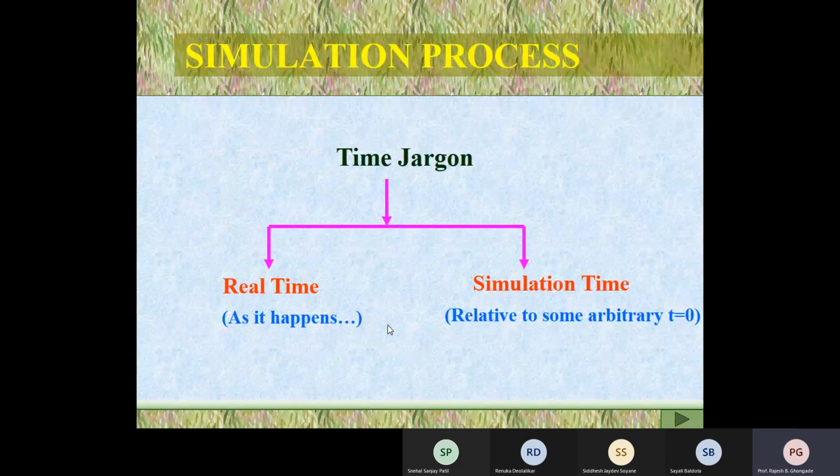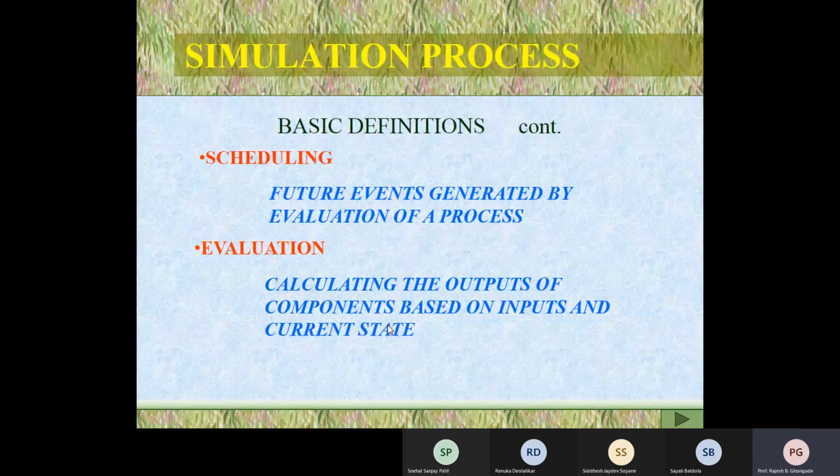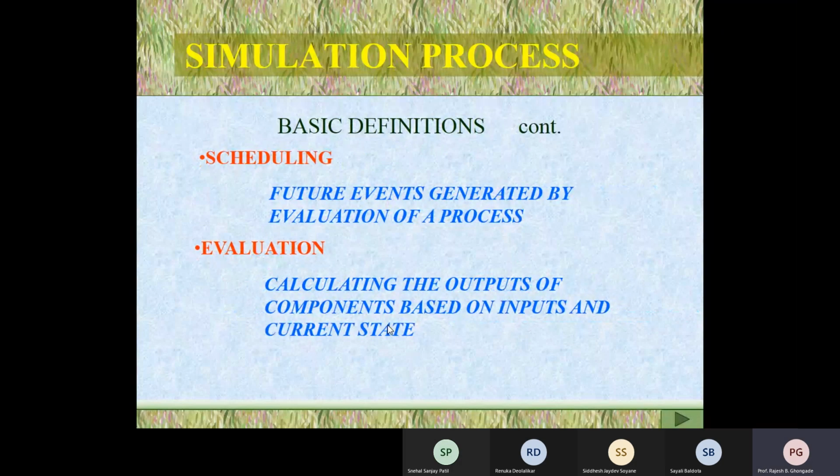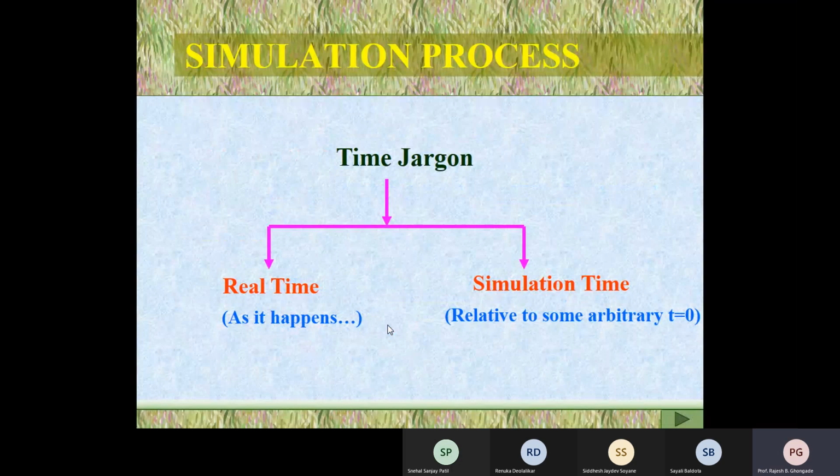So in the simulation world, in the world of, let us say, computer, whenever your simulation starts, that will be called t equal to 0. All right, and its time may not be the same as the real time. Please remember this because it takes some finite time for calculation. All these steps, as we have already seen, scheduling, evaluation, all this takes some real time for calculation.